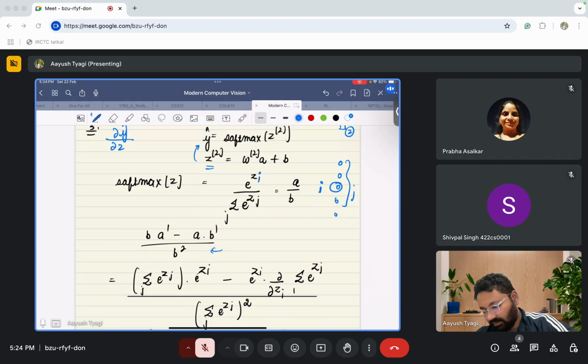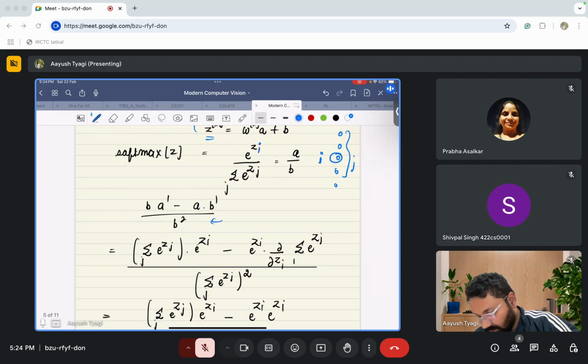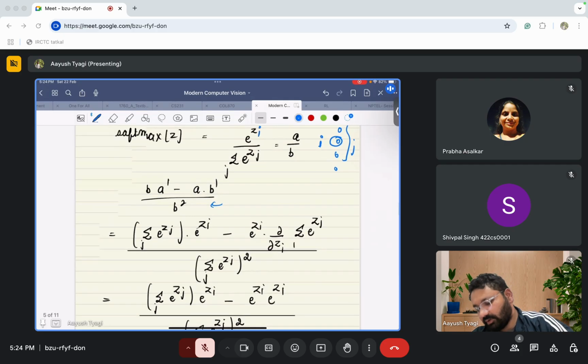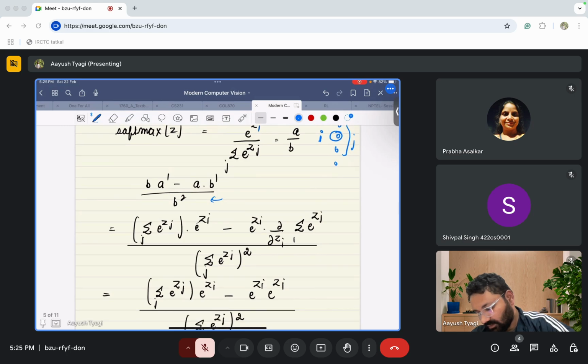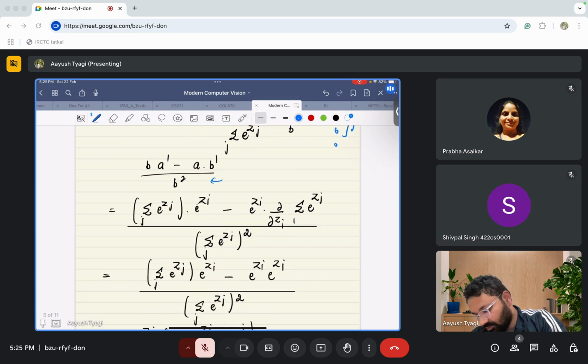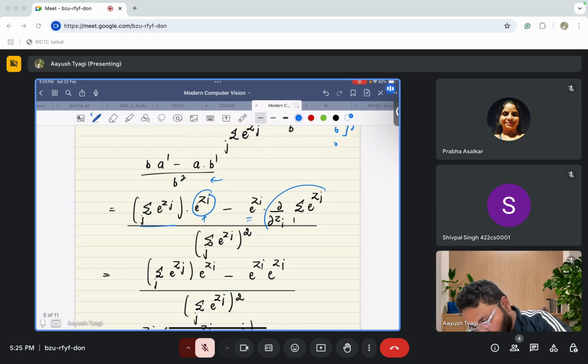This is something we studied in 12th grade or so, right? Similarly, here a is e to the power zi, and b is the summation of e to the power zj, sum over j. So you multiply b by the derivative of e to the power zi, which is the same as e to the power zi, then subtract e to the power zi multiplied by the derivative of the summation operator, with b square in the denominator.